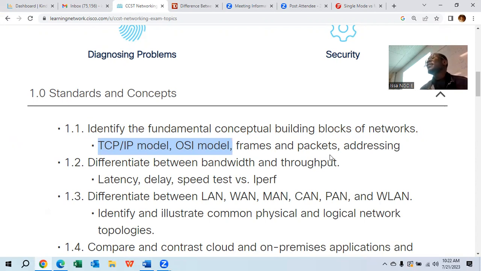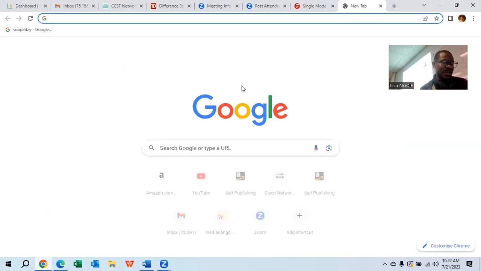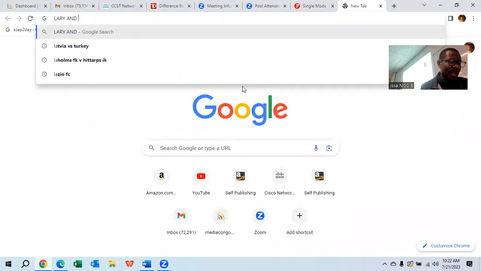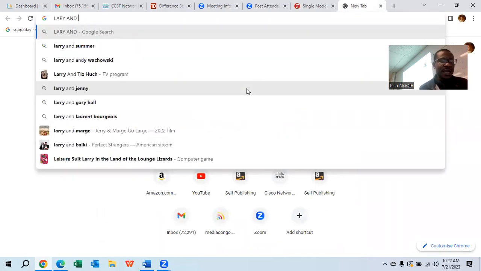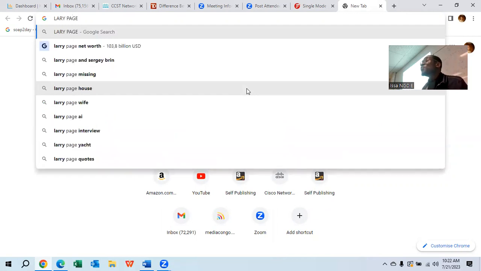The world is ruled by the people who have knowledge, not by the people who have the papers. You know, there are these two guys, Sergey and Larry. Larry Page and Sergey came up with Google. Those two guys were students.